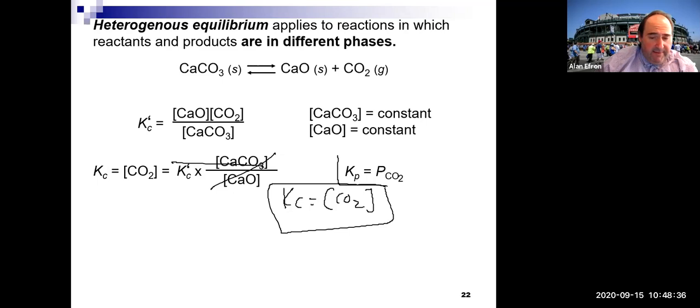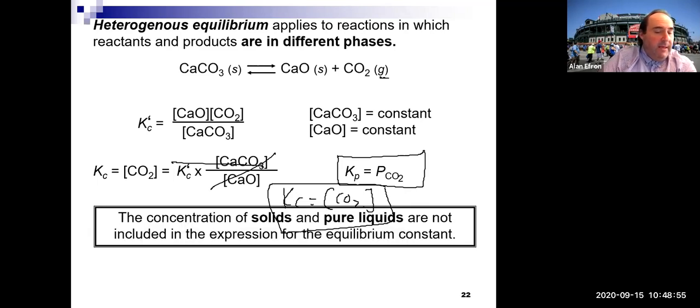And you could write a Kp for this because there is a gas and everything else is solid. And the Kp would be the partial pressure of CO2. So those would be the two correct equilibrium expressions for this particular reaction. Again, solids and liquids are not included in the equilibrium as they really do not participate.